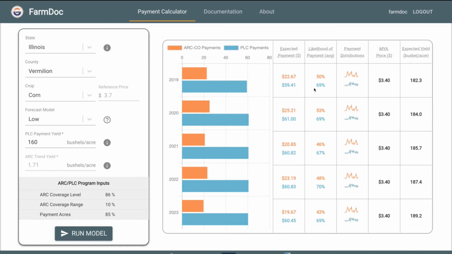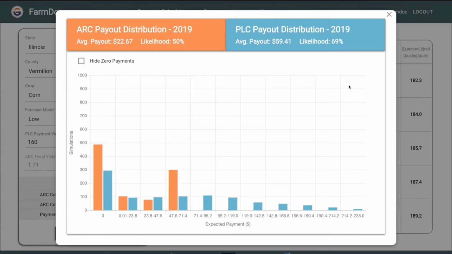We're thinking 69% at PLC and even 50% for Ark County. So this raises the odds of both programs that would trigger a payment at 3.40 in that high yield scenario, or that trend yield scenario. And again, if you look at the distribution now, a whole lot fewer in the 0 range, and we've boosted the number of potential payments going out.